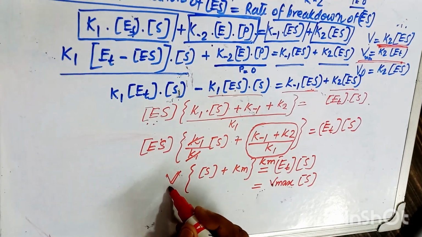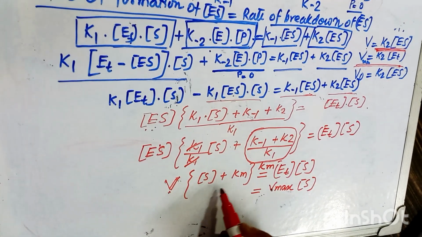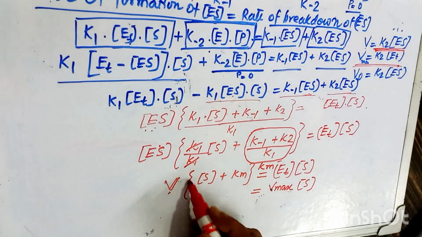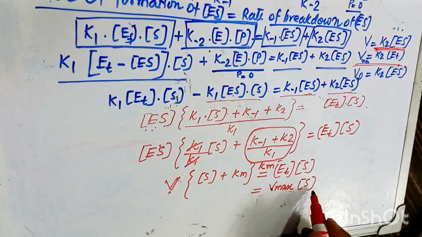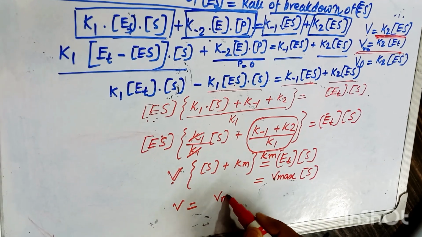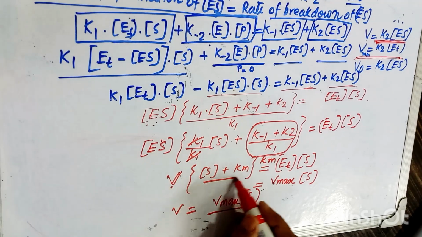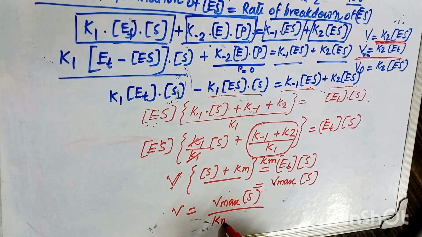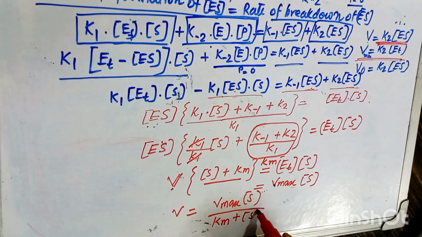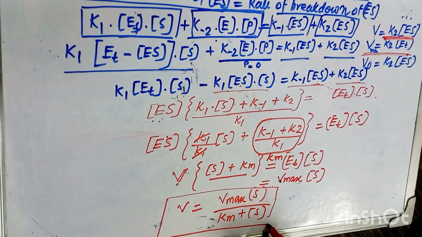So velocity into S plus Km is equal to Vmax S, or velocity is equal to Vmax S by Km plus S. So what is this? This is the Michaelis Menten equation.